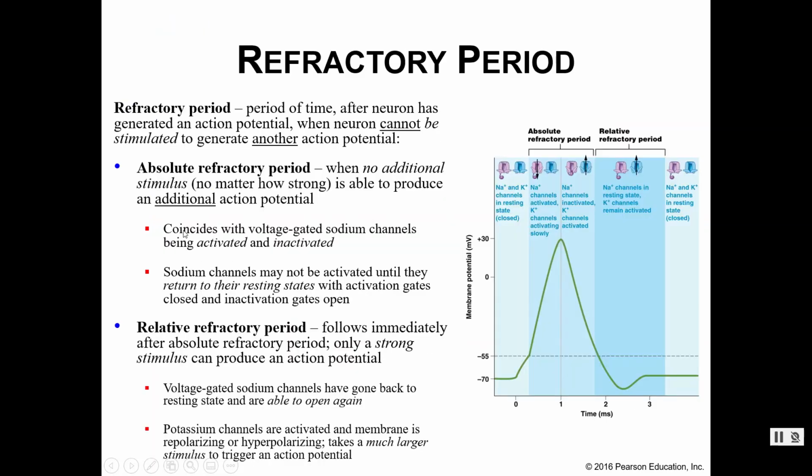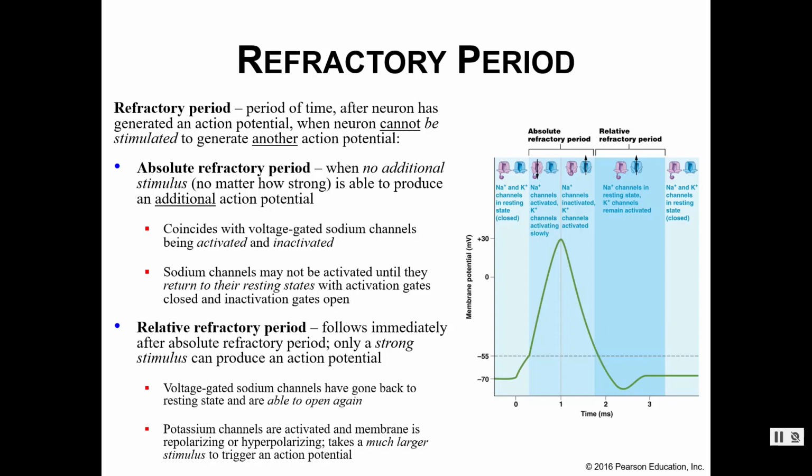All right, refractory period. We briefly mentioned refractory periods when we talked about muscle physiology. Now we're specifically going to talk about the refractory period of a neuron. We have both an absolute and a relative refractory period for neurons. We are talking about periods where it is either absolutely impossible or very difficult to start a new action potential.